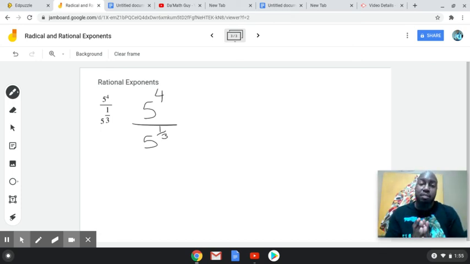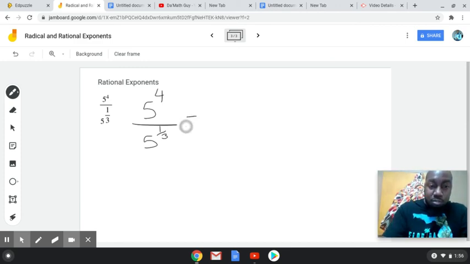Now, what property are we going to use to actually simplify this expression? That's right. It is going to be the quotient property. The quotient property states that if you have two numbers with the same base and the operation is division, then you must subtract the exponents.